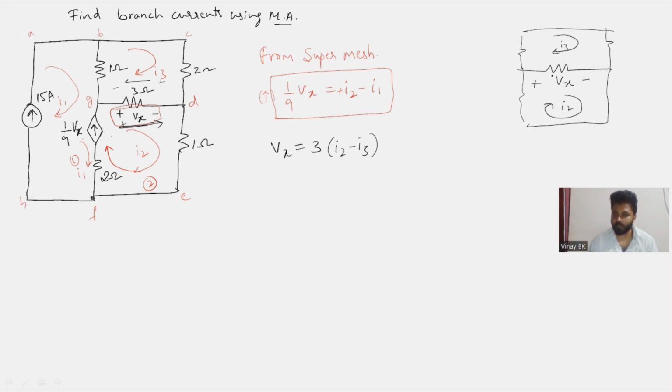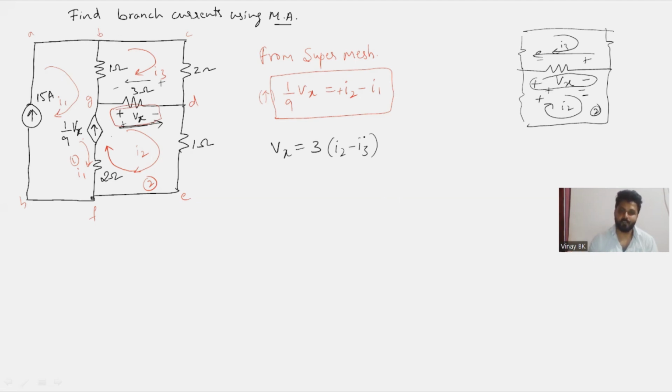Marking the polarity, current flows through the resistor from higher potential to lower potential, so this second loop current is flowing through the 3 ohm resistor plus to minus. This current I3 flows opposite to the polarity of Vx, but I2 is flowing along the polarities of Vx, so you write I2 minus I3.